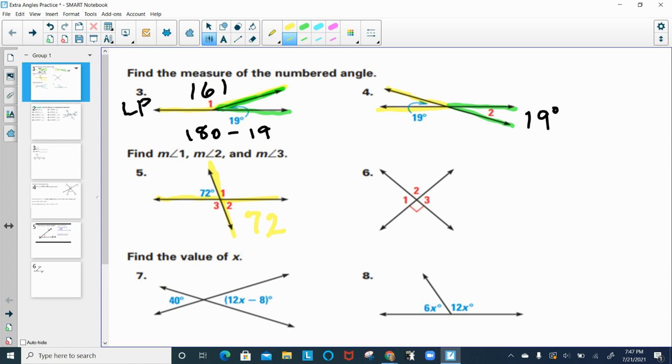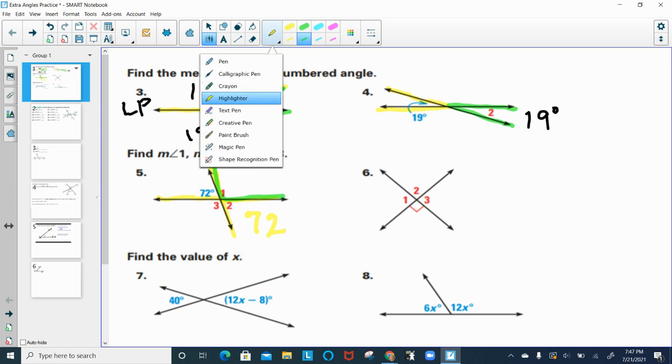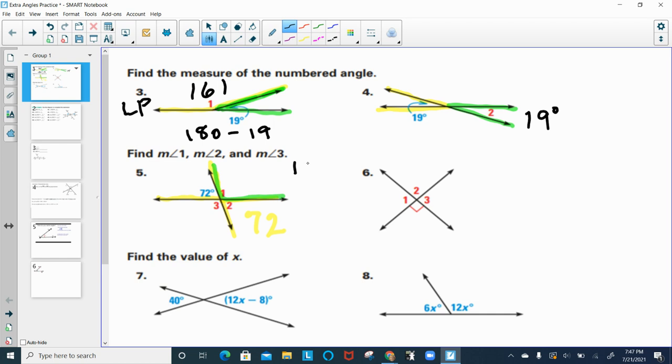Maybe you saw those first, or maybe you saw the linear pair first. So you have a straight line going this way, and 72 and angle 1 are sharing a side along that straight line. So we can figure that out. We can say, okay, well, that's going to be 180 minus 72 is 108.